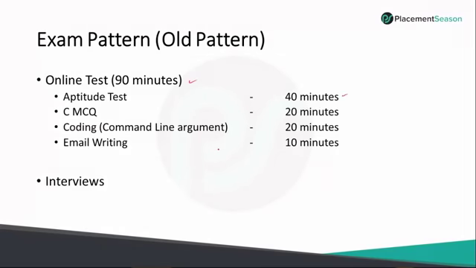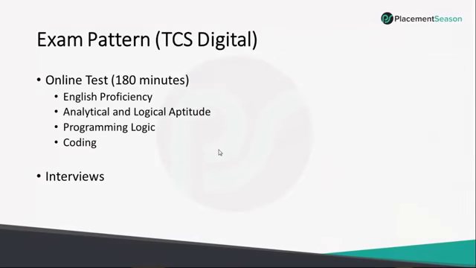In the new pattern, TCS has given the time duration as 180 minutes. You will get questions from English proficiency, analytical and logical aptitude, programming logic, and code. As of now, we don't have information about how many questions you will get in English proficiency or other topics. Even the TCS website gives no information.